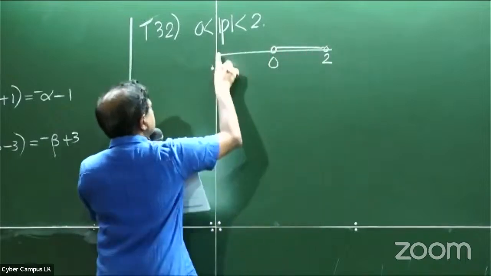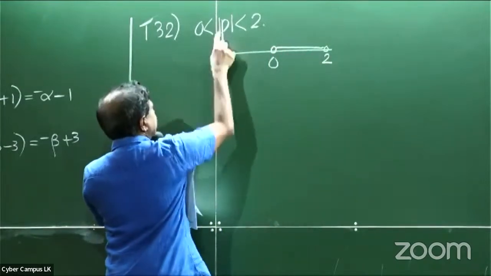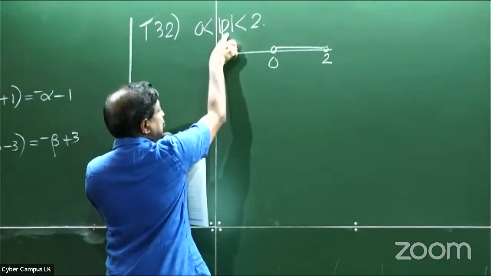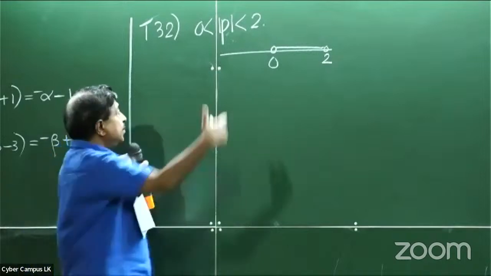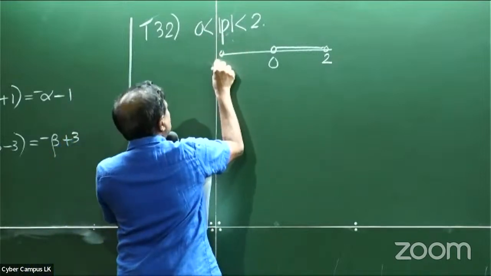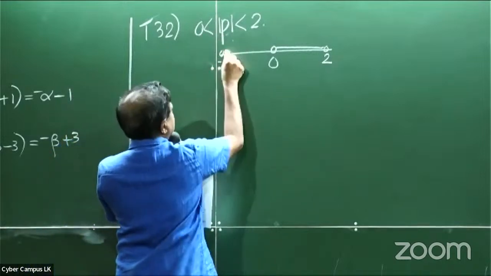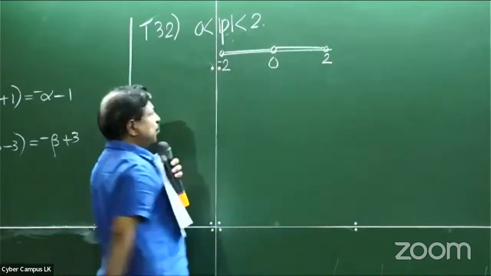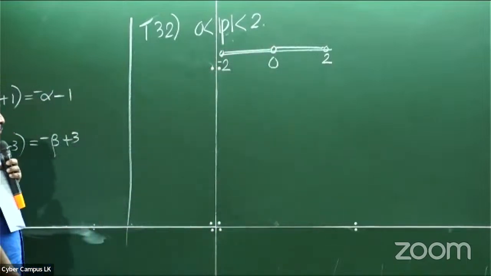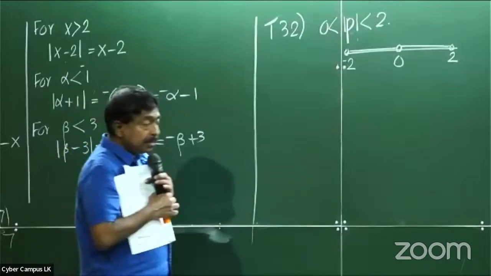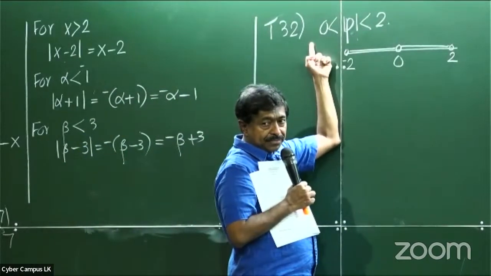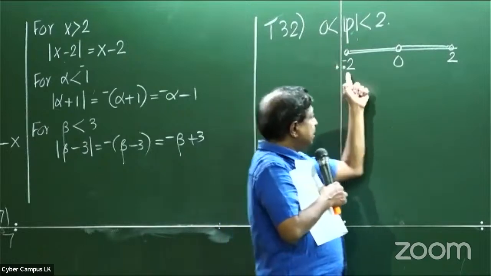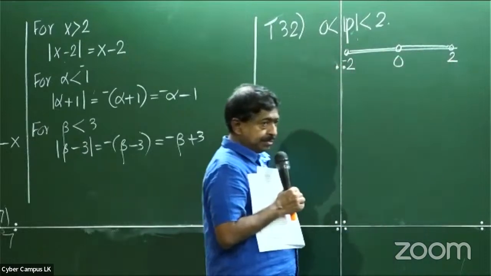And since it's mod P, you can have negative values as well. P can be, for example, -1. Still, mod P is 1. So you can go down to -2. So it's almost all the values from -2 to +2 except 0, because mod P is not equal to 0. So you have everything between -2 and +2 except 0.